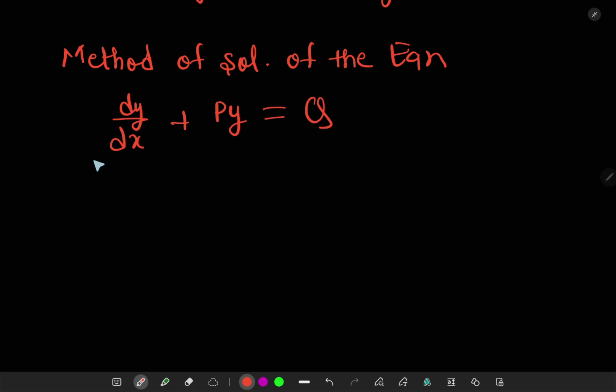This is the general equation of a first order differential equation. For solving a first order differential equation, we use the integrating factor, which is equal to e raised to power integral p dx.